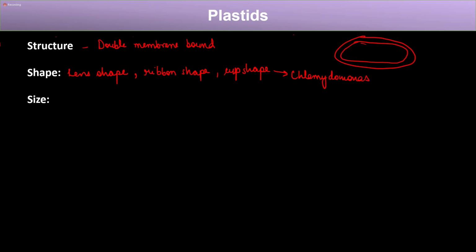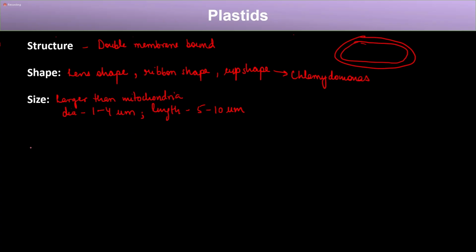Now, third thing, if we talk about the size of a plastid, these are larger than mitochondria, although this is also a double membrane bound organelle. It has a diameter of 1 to 4 micrometer, but the length is 5 to 10 micrometer.